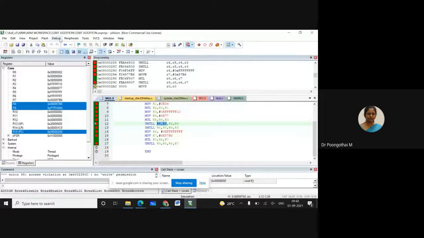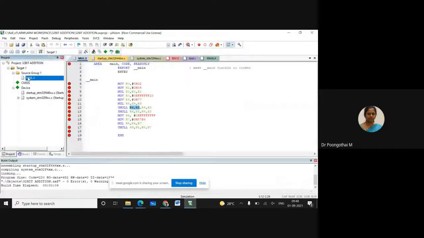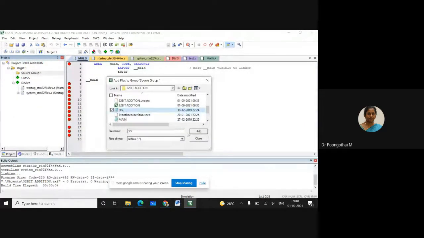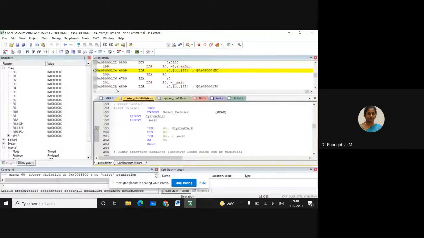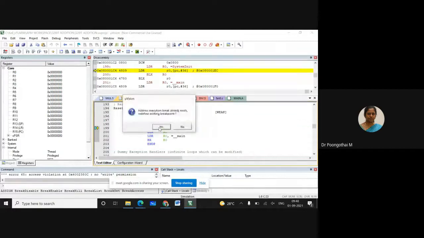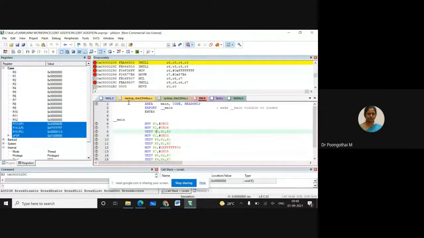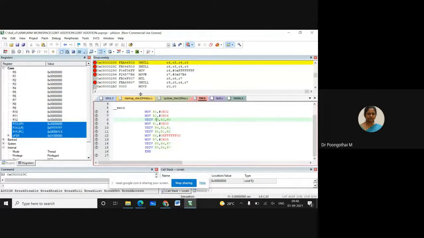I will simulate this code in the Keil microvision. So I'm going to simulate this division program.